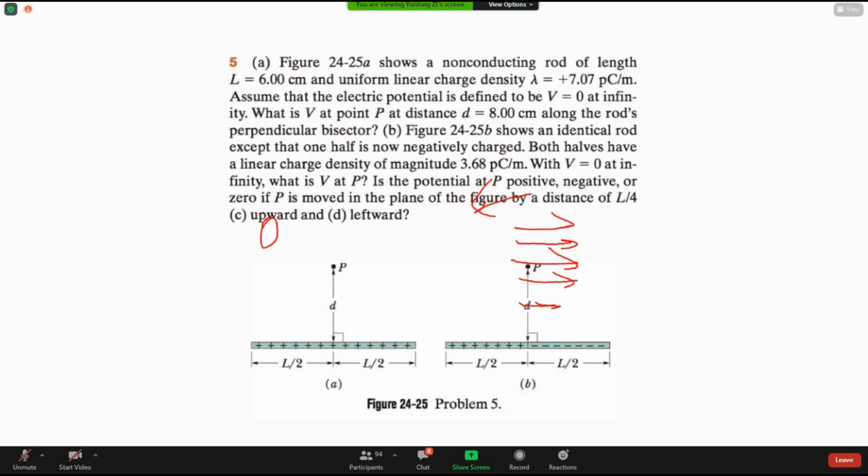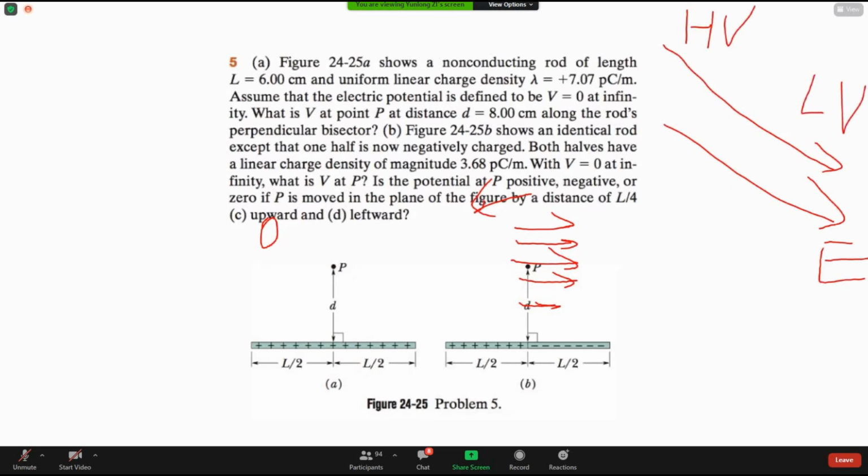But if you go leftward, that is actually against the electric field. We already introduced that the electric field always points from a high potential to a low potential, so moving against the electric field means moving to a higher potential.